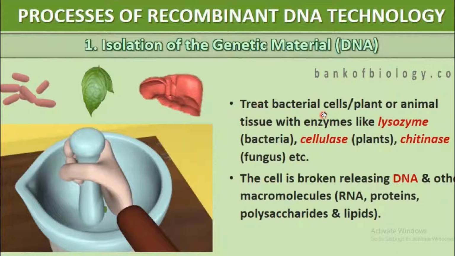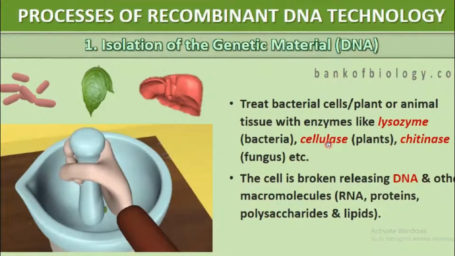Treat bacterial cells or plant or animal cell tissue with enzymes like lysozyme, cellulase, chitinase, etc. That means if we are isolating the DNA from a bacteria, we have to use the enzyme lysozyme. If we are isolating a DNA from a plant, there we have to use the enzyme cellulase.